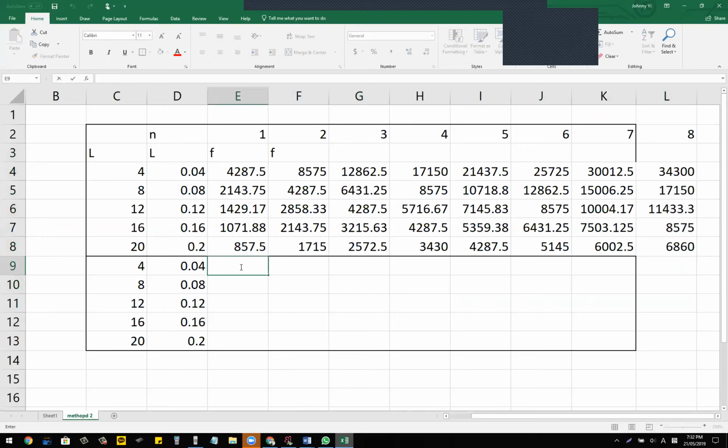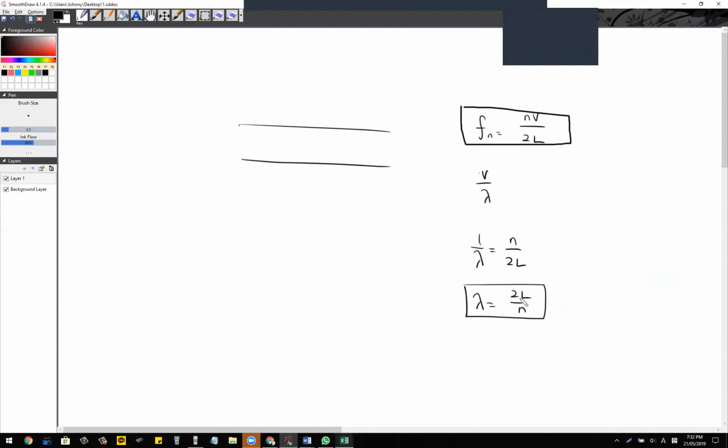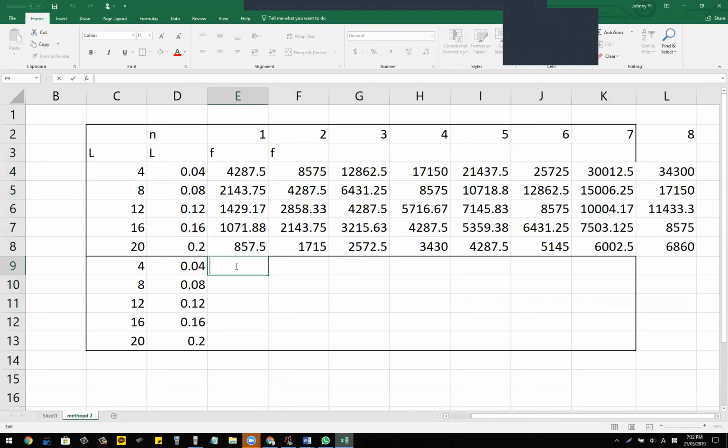We can convert this into lambda. Obviously, lambda is 2L over n. So 2 times L, put a dollar sign there, over 1.